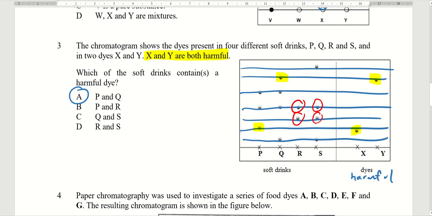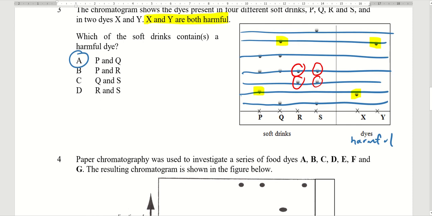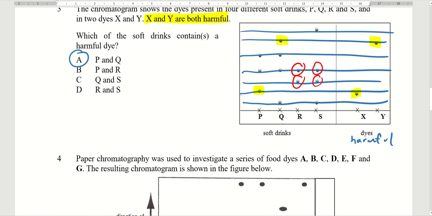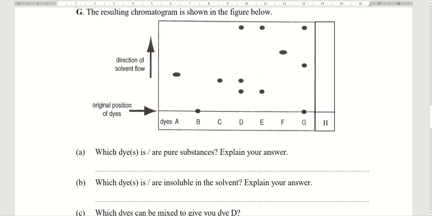So based on this observation, you can suggest that probably soft drink S has the same 2 dyes as soft drink R. So you need to draw these lines to help yourself identify which is present and which is not present in the other. A lot of paper chromatography is actually using the chromatogram to compare against something that we know, and then propose something. Yeah, so let's move on to the next question.